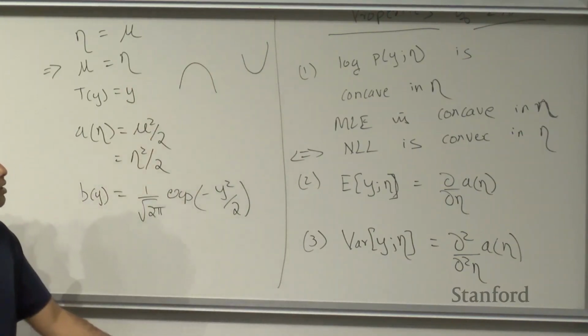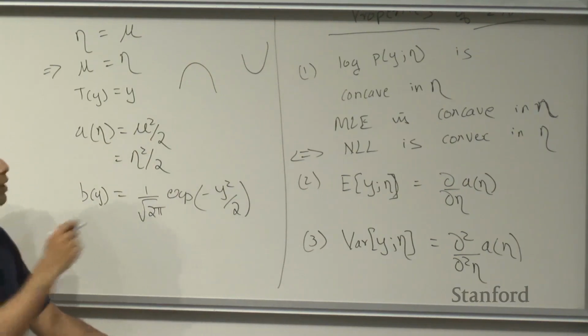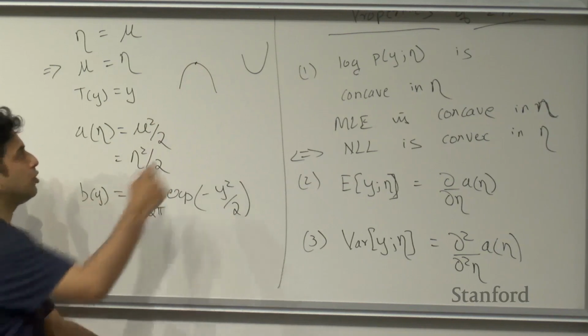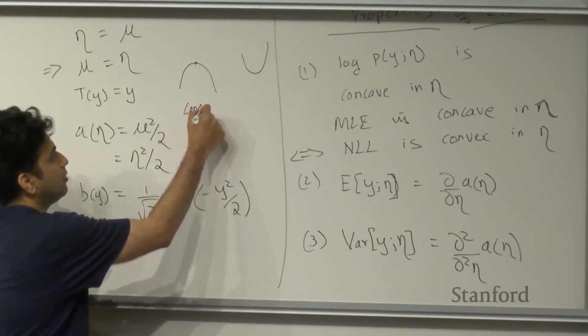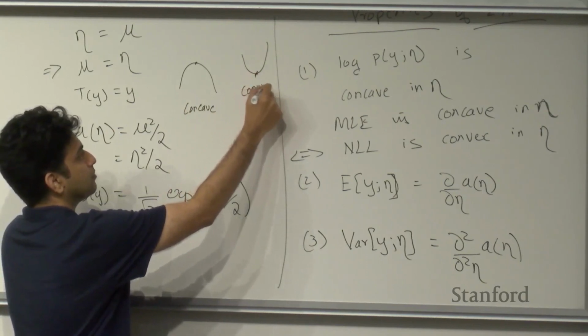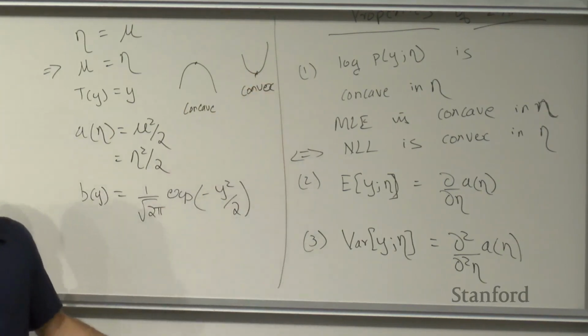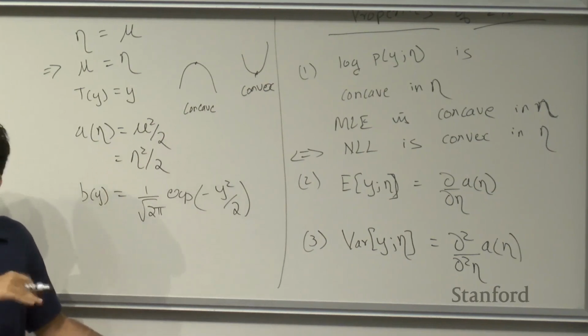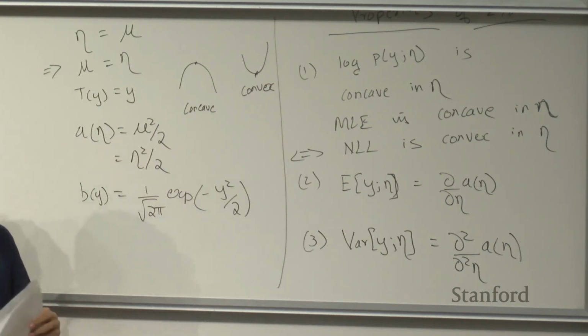The common nomenclature is when there's a global maxima, you call it concave, and when there is a global minima, you call it convex. So if you have a convex function, the negative of that will be a concave function, and vice versa. Good question.